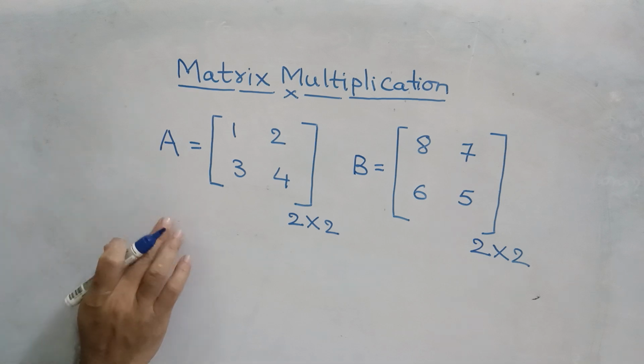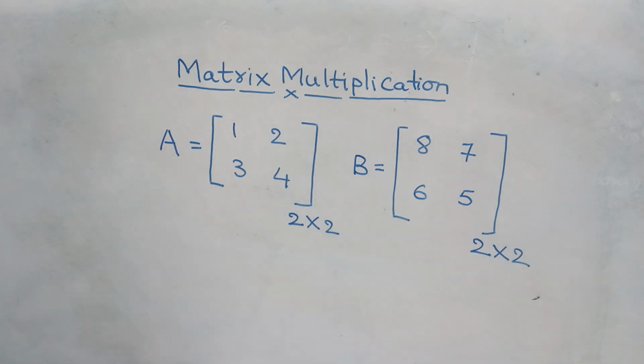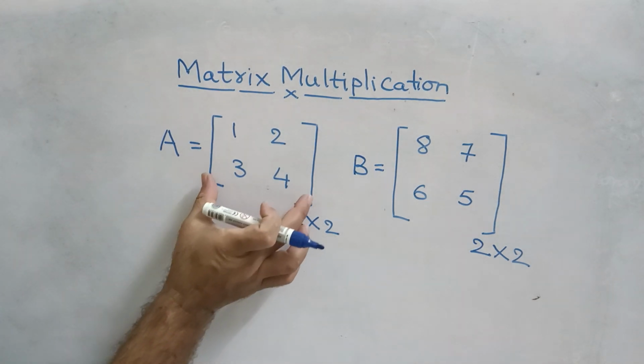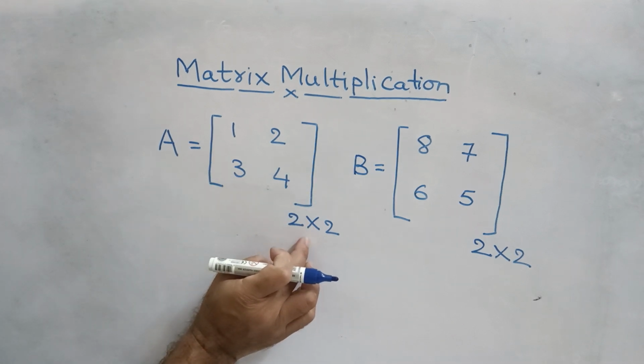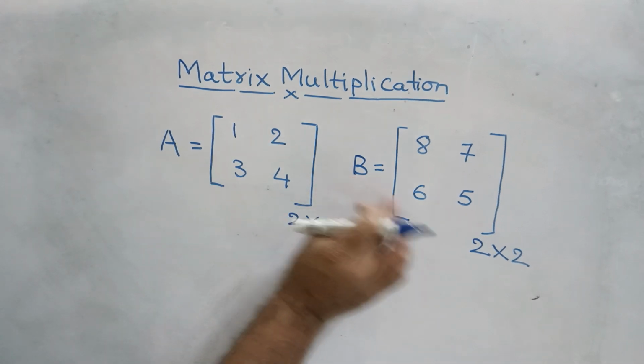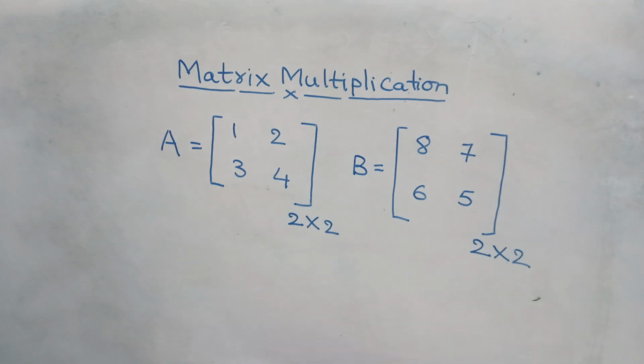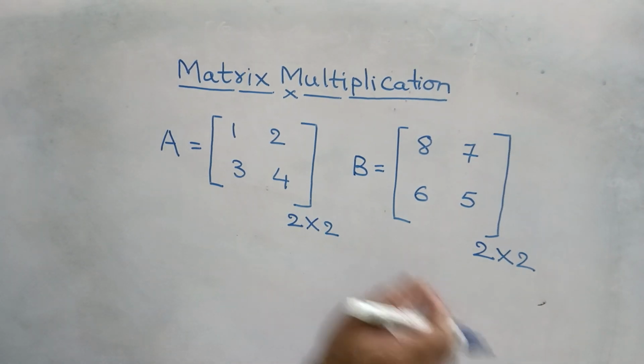One important thing we need to remember is that here the given matrix A is a 2 by 2 matrix, and B is given as another 2 by 2 matrix.